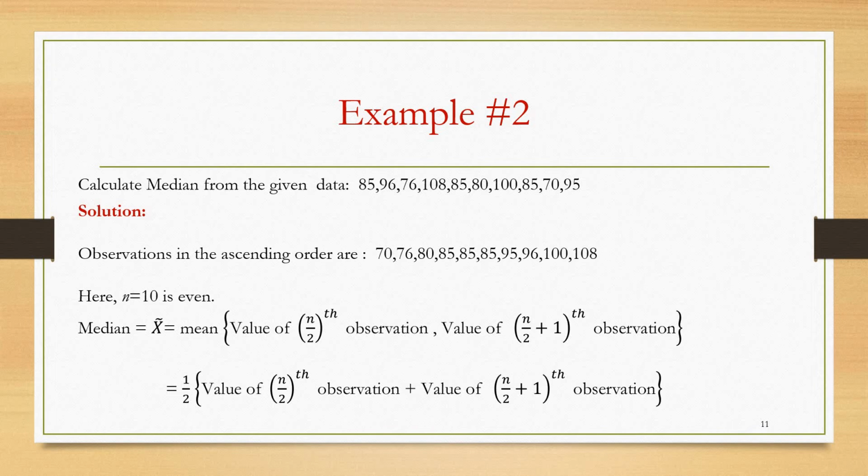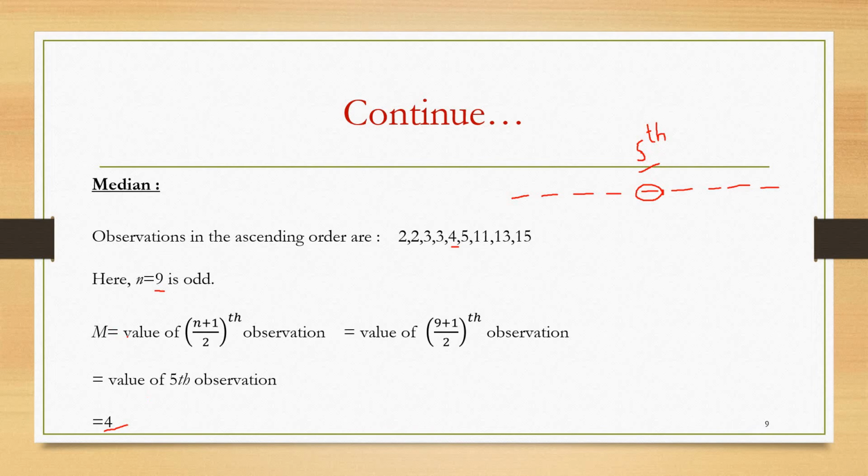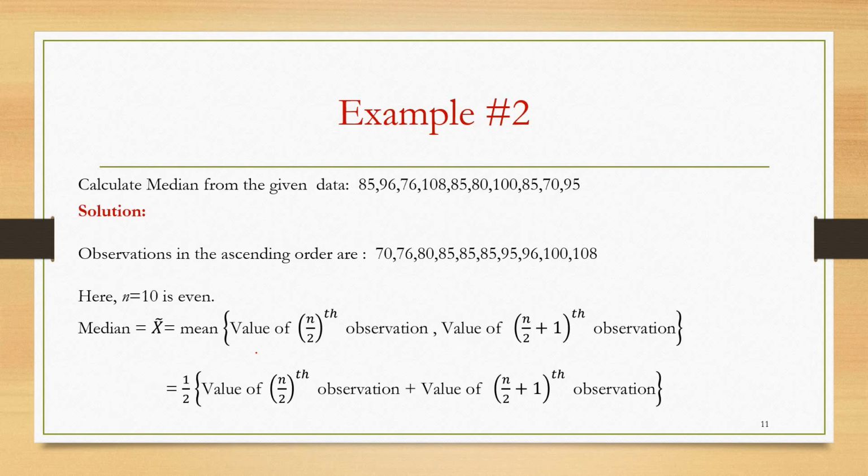When the number of observations are odd, as we have studied, then the formula is value of n plus 1 by 2th observation, and when we have to calculate median and the n is even, then the median is equal to mean of value of n by 2th observation and value of n by 2 plus 1th observation.